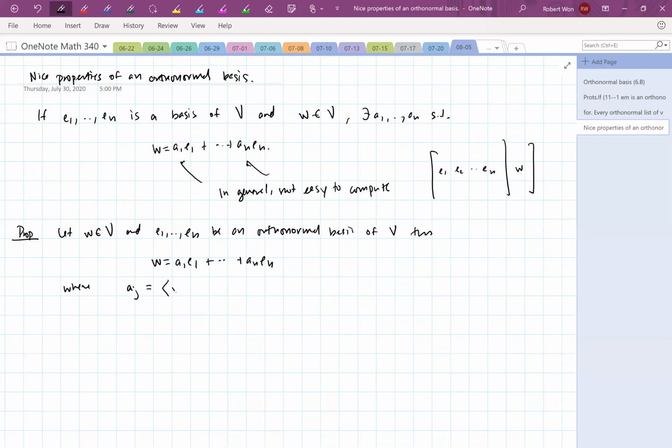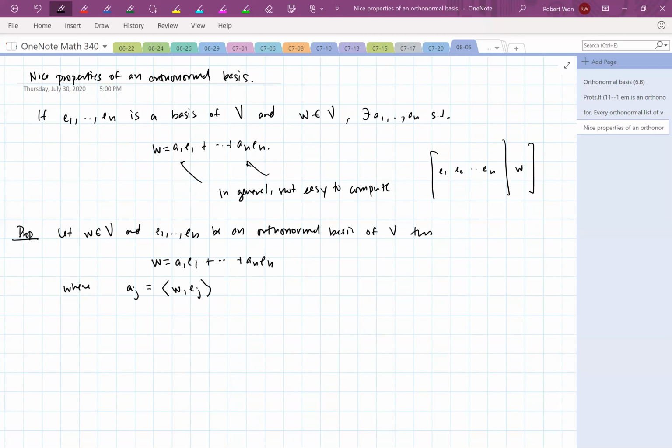You just take the inner product of w with ej. So the scalars that appear in the linear combination, you can get without doing a row reduction. You just take an inner product. Taking an inner product is like taking a dot product, right? So that's like n operations. So it's order n rather than order n squared.